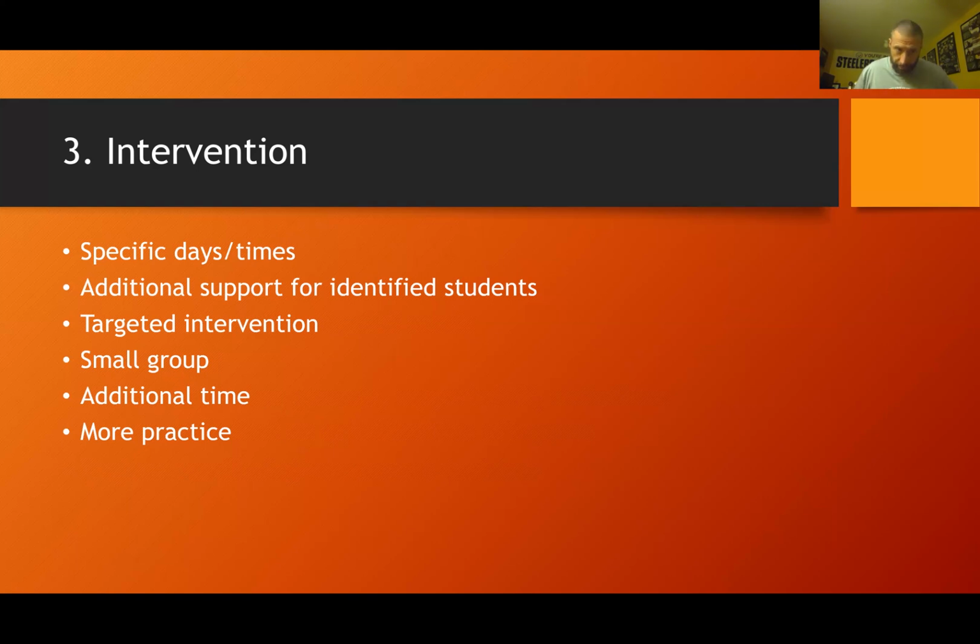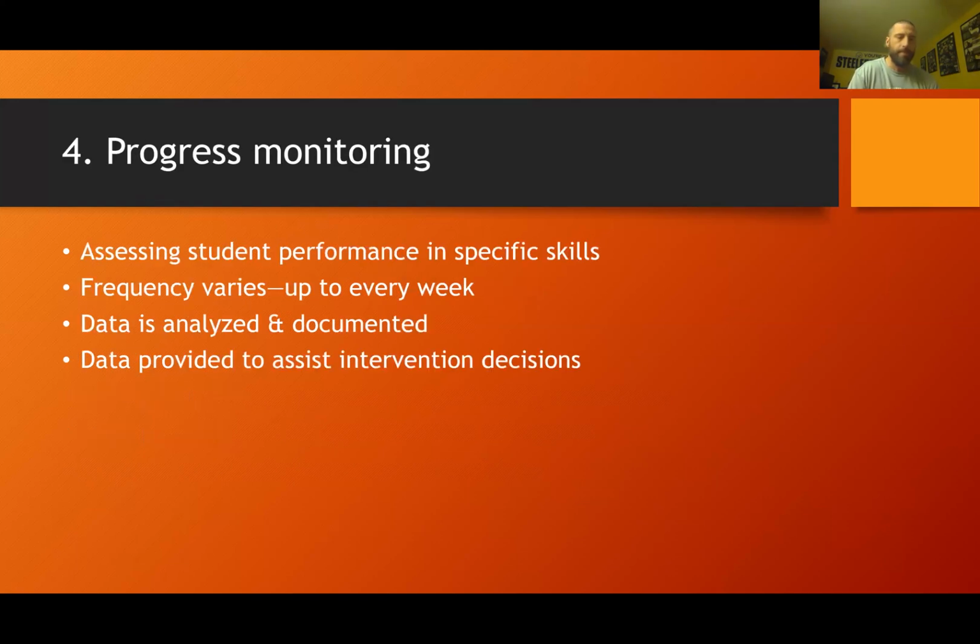It's going to give us additional time to work on these specific skills. It's going to give the students a chance to practice more. And then you just got that additional guidance here in whatever specific need the students have.